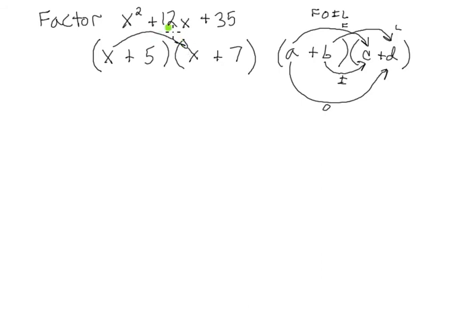multiply these two terms together to get our F, and we have x squared, and then we can multiply the outer terms, and we would have positive 7x, and then multiply the inner terms together, the I part of the FOIL.